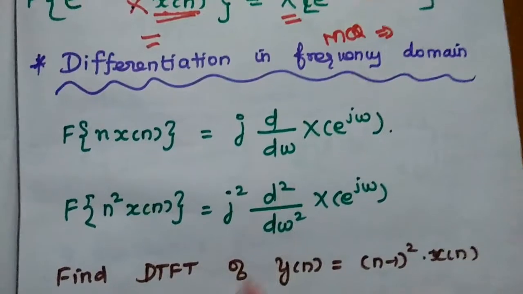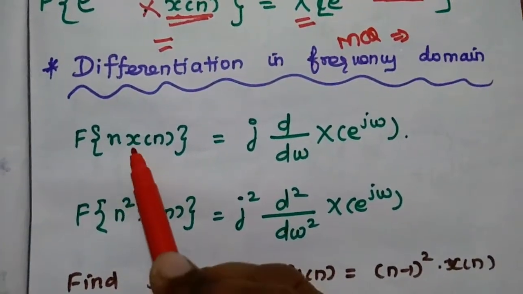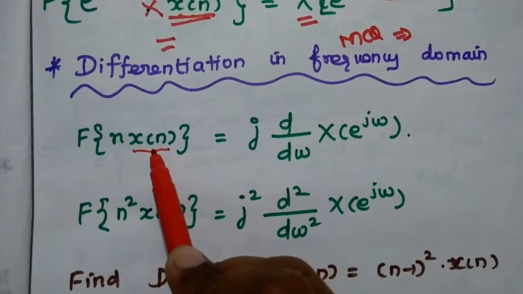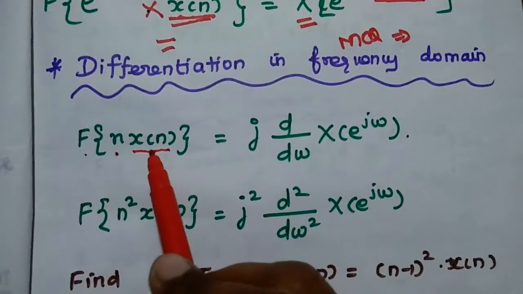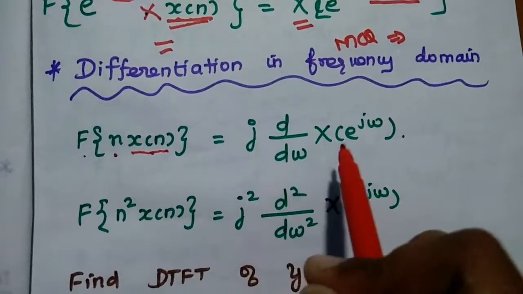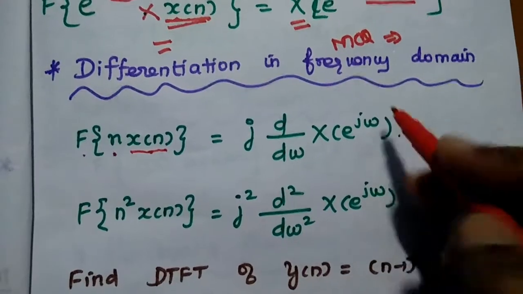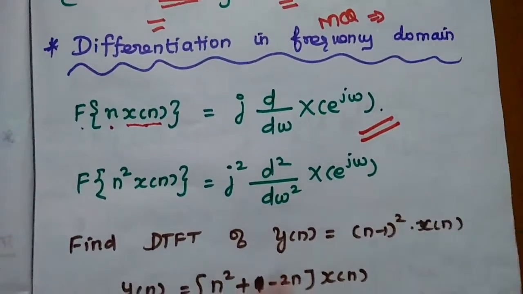So next one is differentiation in frequency domain. That means if the time domain signal is multiplied with n, the Fourier transform of n into x of n is equal to j d by d omega of X of e power j omega. So this is the differentiation property of discrete time Fourier transform.